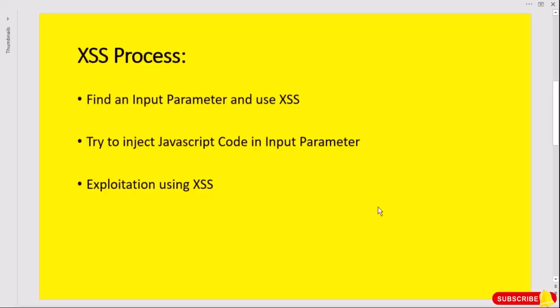And if we succeed, then there may be chances that there is an XSS vulnerability on that web page. And to make sure, we will move on to the next step, which is to try to inject JavaScript code into that input parameter. And if we succeed, then make sure there must be an XSS vulnerability, okay? So we will go for the exploitation using XSS.